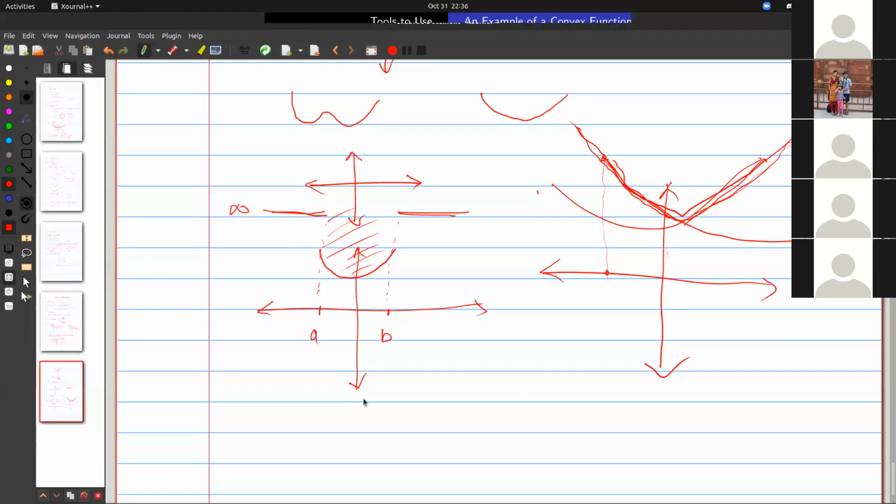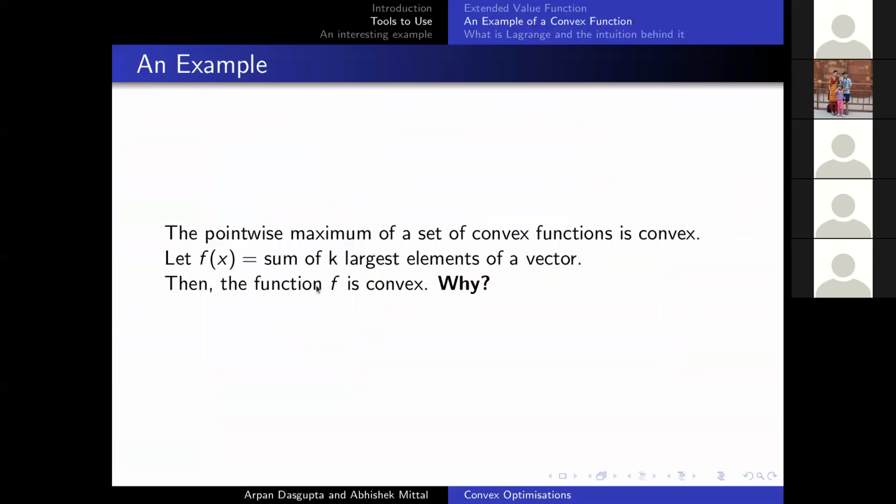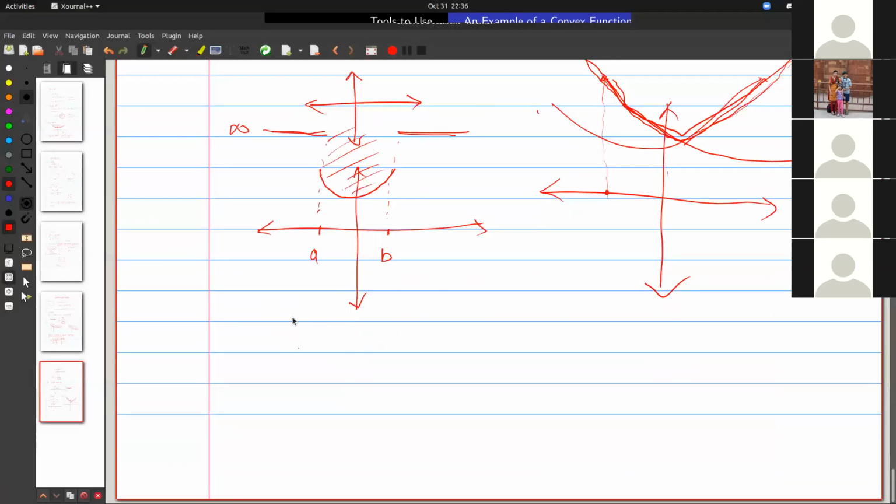Now let f of x be the function defined as the sum of the k largest elements of a vector. We try to prove that it is also convex. This does not seem very trivial to us. Why would the sum of the k largest elements of a vector be convex?